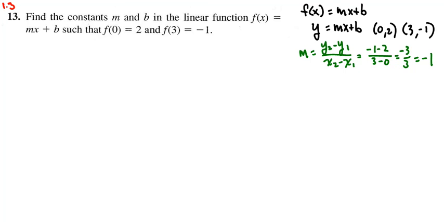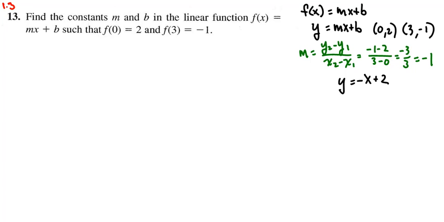Well, we actually have the value of y when x is equal to 0, and that's 2. It's given to us. So really the shortcut to this problem is to say the equation is y equals negative x plus 2, where negative x means it has a slope of negative 1, and the y-intercept, the value when x is 0, is 2.